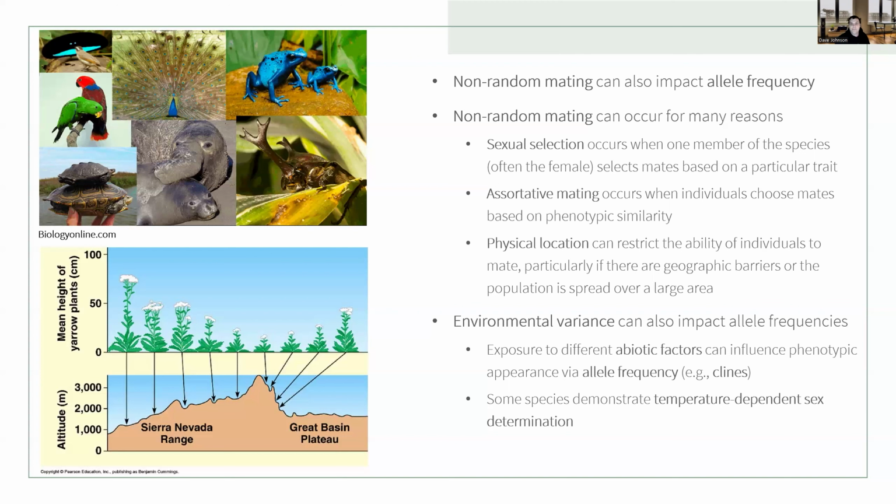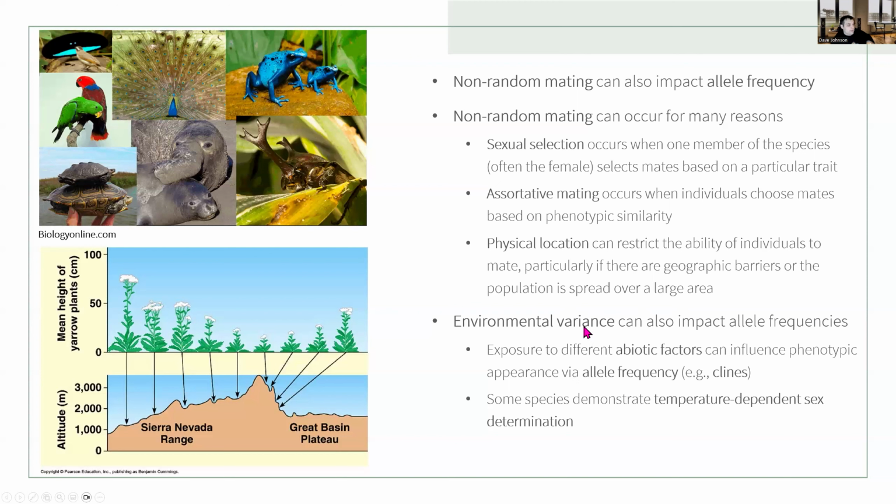Also, we have to reckon with the fact that environmental variance matters. Abiotic factors can often influence the phenotypic variance within a particular population, i.e. allele frequency. A great example of this would be clines. For example, we talked about those fish in the Mississippi River.